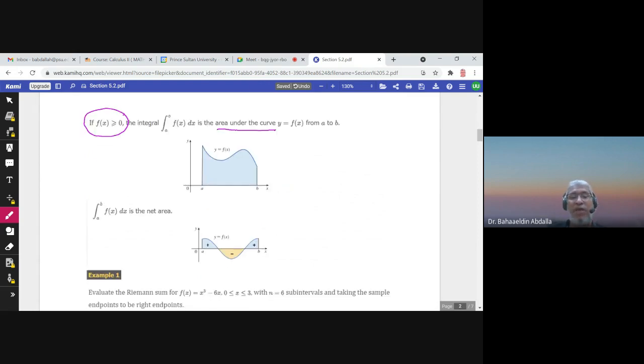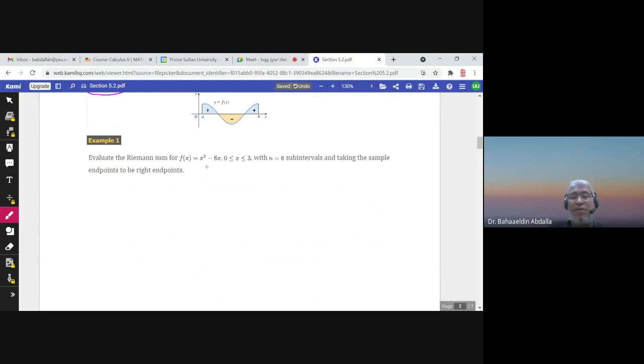But if f of x is a function that's sometimes positive and sometimes negative, then the definite integral is the net area. So we add these two areas and subtract this area from them to get the value of the definite integral. That's the net area.